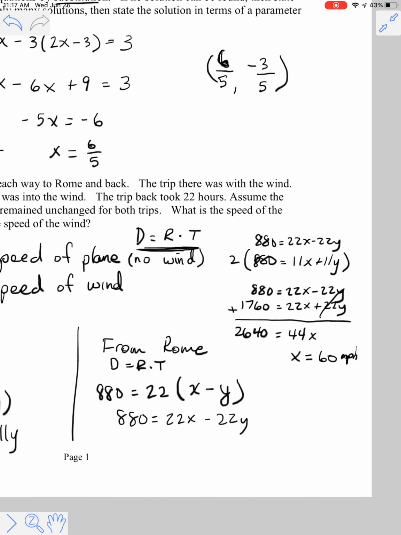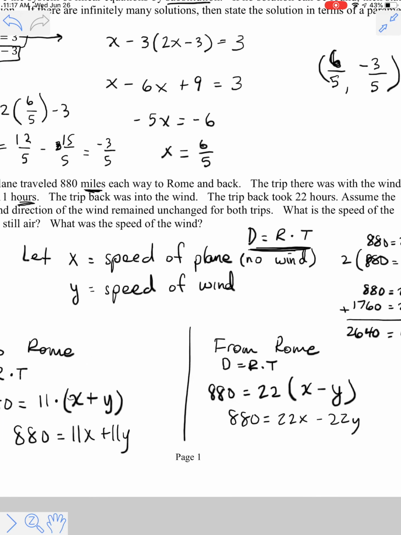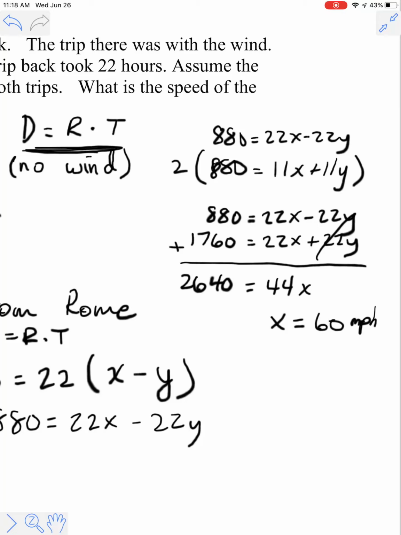Now the speed of the wind is my variable for y, so I just need to choose one of my original equations, this one for example, knowing that x equals 60, I can substitute in 11 times 60 now to find my y variable.